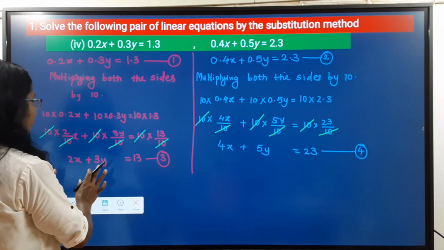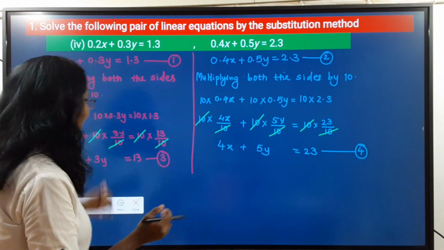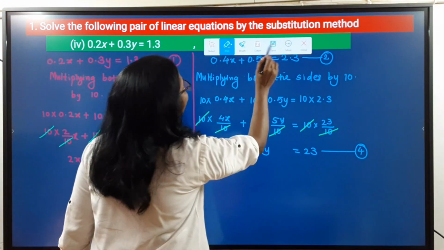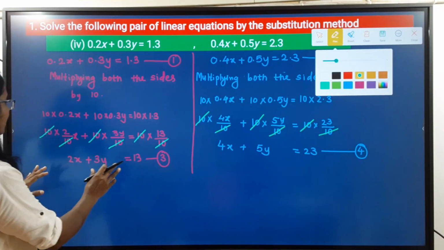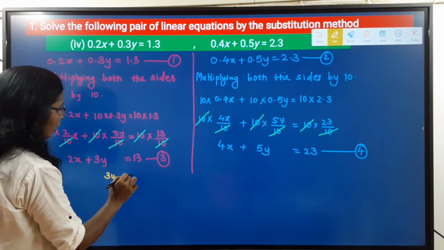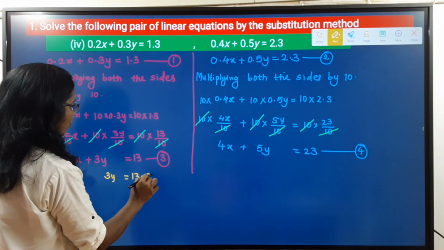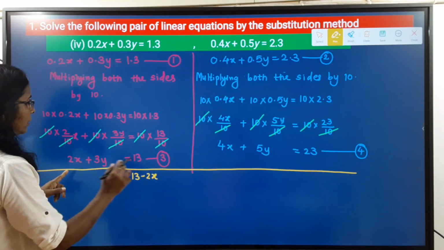Now here we simplify this third and fourth equation by the substitution method. First I simplify the third equation this way. Look students, 3y is equal to 13 minus 2x.